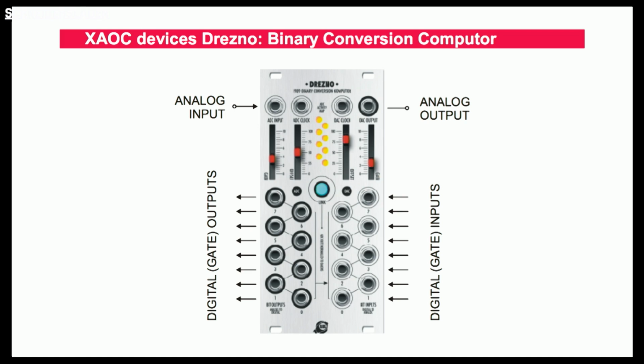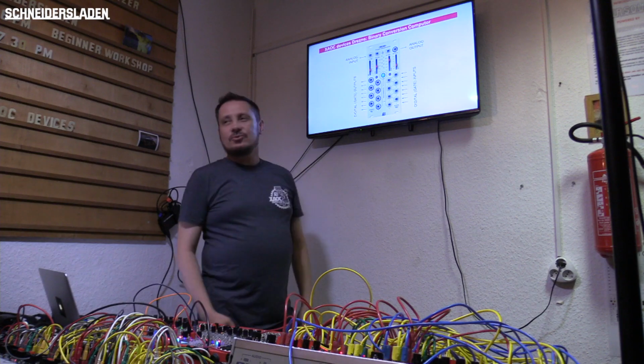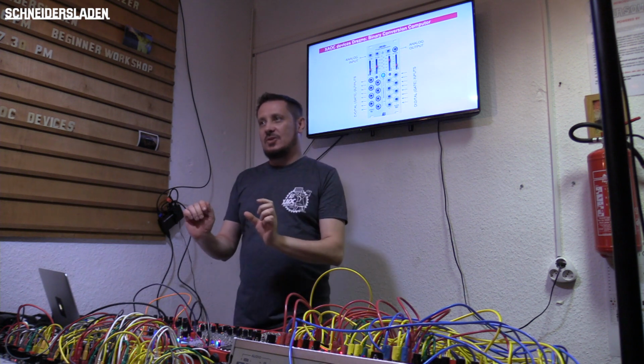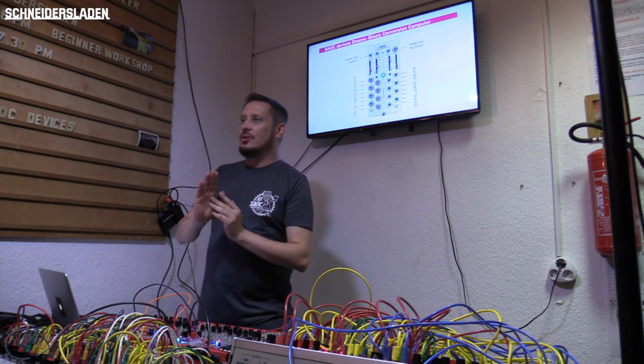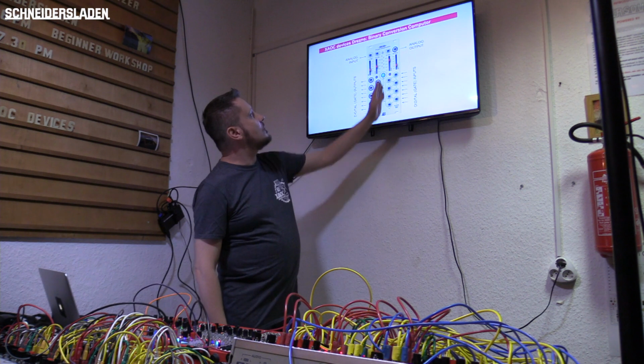So, Drezno. Drezno consists of 2 parts: an analog to digital converter and a digital to analog converter.